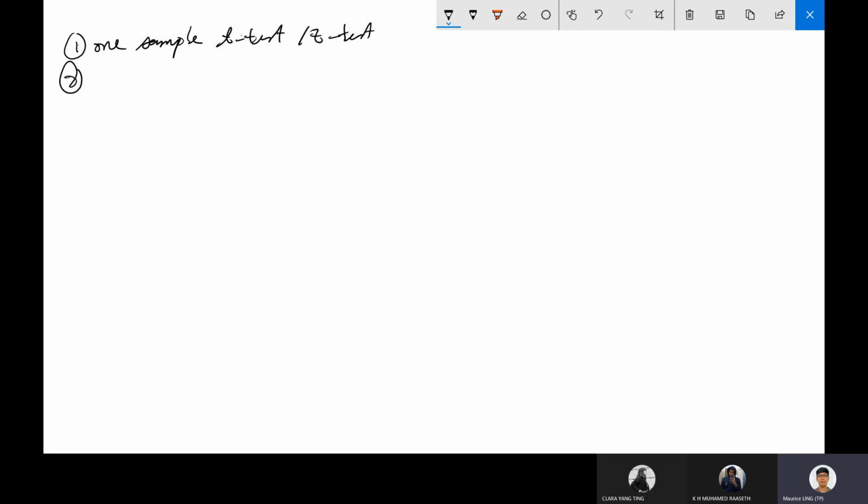Then you have two samples T test or Z test. Then you have this thing called paired T test. The next thing that you're going to do is not a test, but let's say prefer, that is your regression.